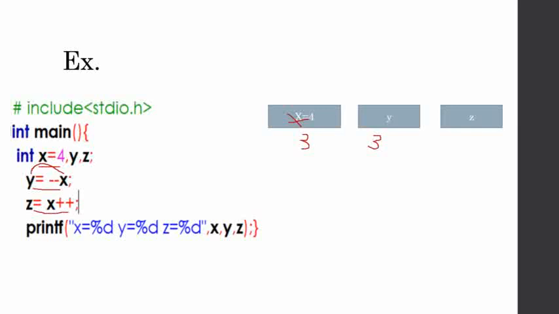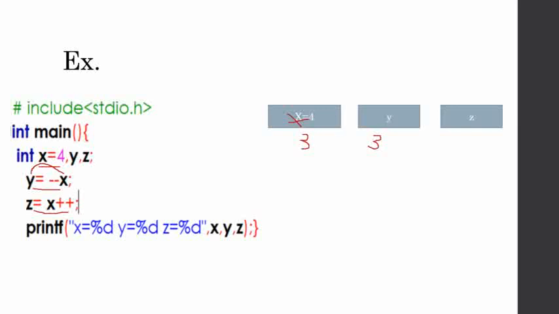In this statement z equals x plus plus, and x plus plus is post increment, and post increment says that first assign my value, then update my value. So the value of x will be assigned to z. Now the value of x, which is 3, will be assigned to z.